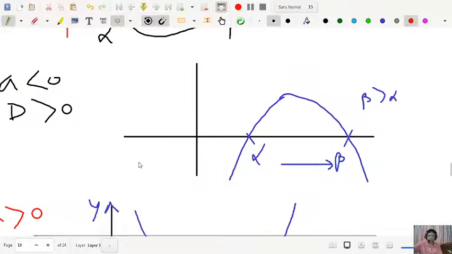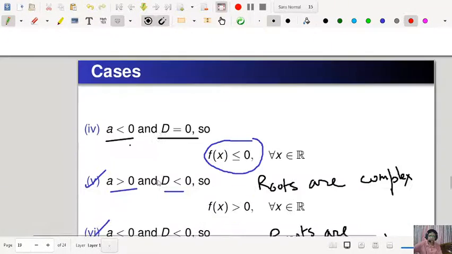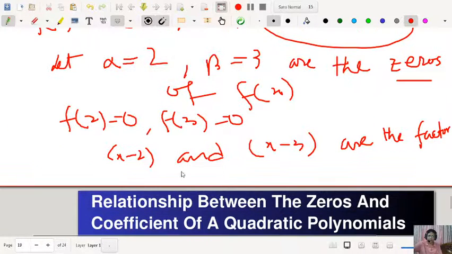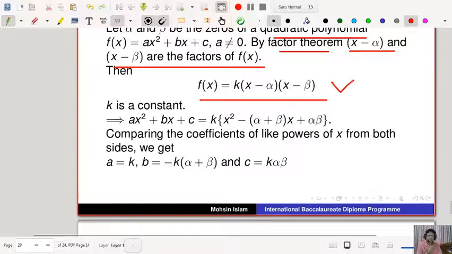So you can write f(x) equal to k into x minus 2 into x minus 3. That is why it is written here that f(x) equal to k into x minus alpha into x minus beta.